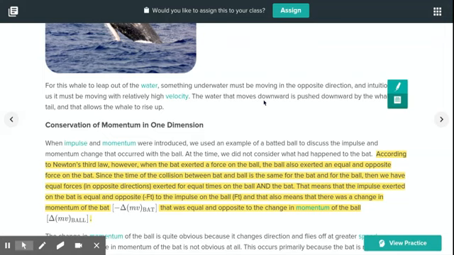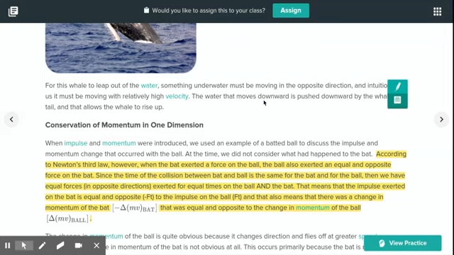Since the time of the collision between bat and ball is the same for those two, then we have equal forces, but in opposite directions, exerted for equal times on the ball and bat. That means that the impulse exerted on the bat is equal and opposite to the impulse on the ball. And that also means that there was a change in momentum of the bat that was equal and opposite to the change in momentum of the ball.